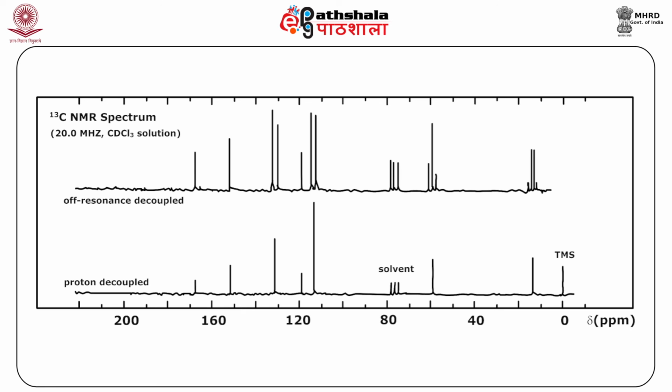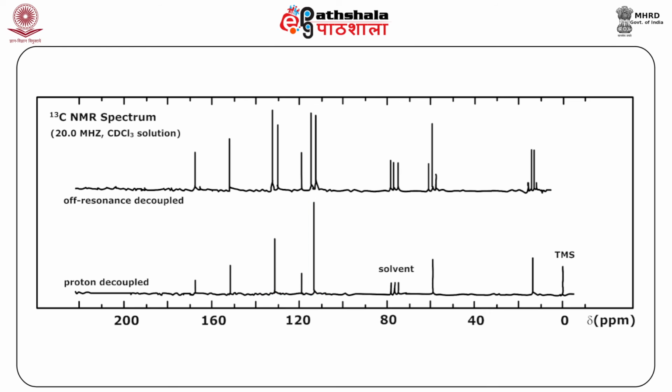This is an important observation and must be taken care of. This is also confirmed by the presence of 2 quaternary carbon-13 resonances at 152 and 119 ppm in the carbon-13 spectrum, and 2 CH carbon-13 resonances at 131 and 113 ppm.